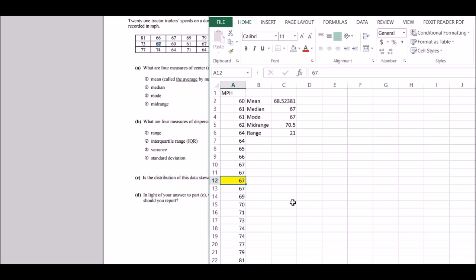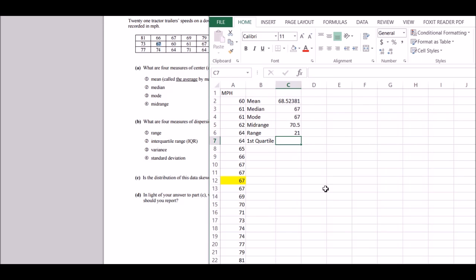Well, we have to find the middle of the first part, and the middle of the second part. So we have 10 values here. So let's see here. So we can do first quartile. Now all that means is that's just a big fancy way to say, hey, the first quarter of the data.